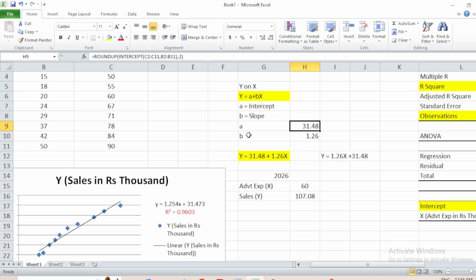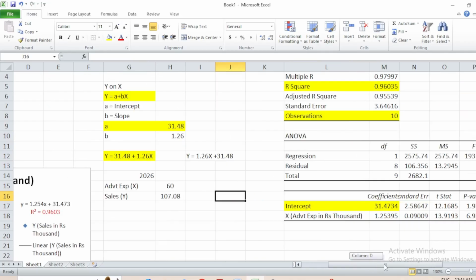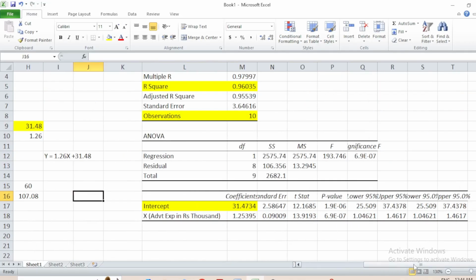Ours is also 31.48. Now why is it 48? Because we have used the approximation or roundup function. Similarly, the slope was 1.254. So go here. In this case, the slope is also being given, which is 1.25395.